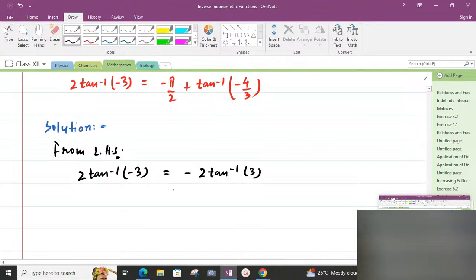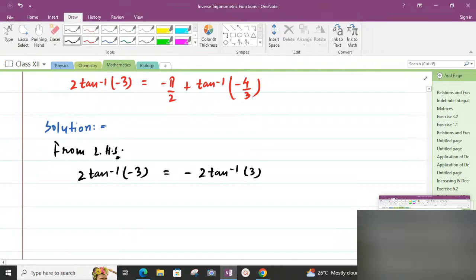Equal to, if we suppose tan inverse 3 equal to theta, then tan theta equal to 3, and we convert this one into cos.